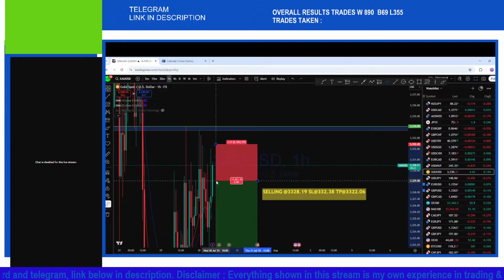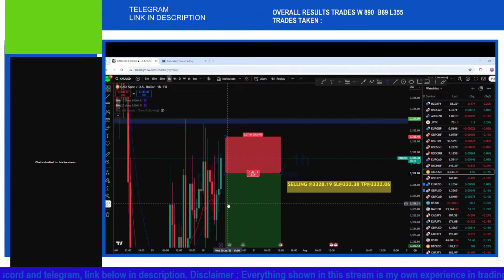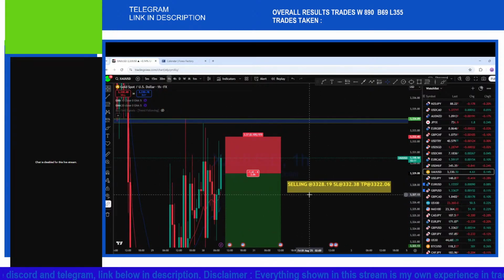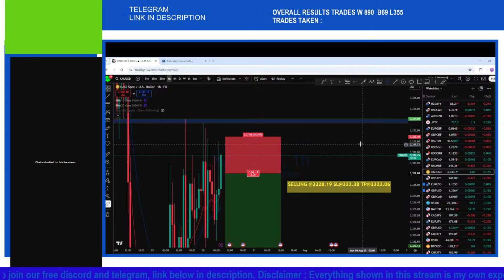From the 1 hour there was a doji, and if this market goes up, that will be unusual. In that case, we might see the price go ahead and hit the daily resistance line.